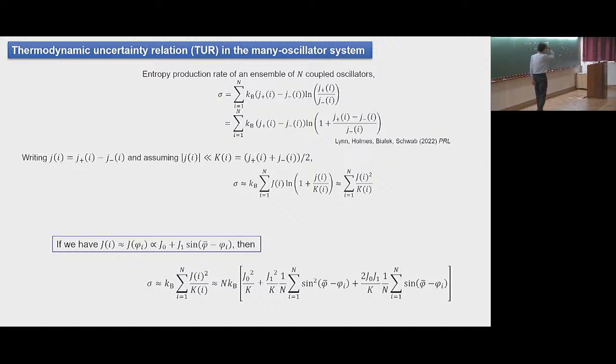So I believe that entropy production in the many-body system is beginning to become interesting. In the recent PRA paper, we decomposed the entropy production rate sigma as a sum of the entropy production rates of individual oscillators.